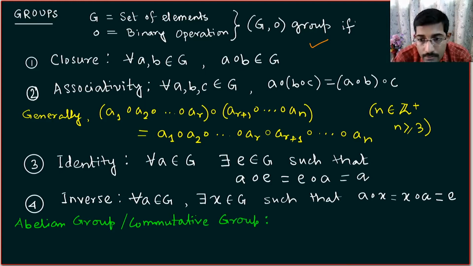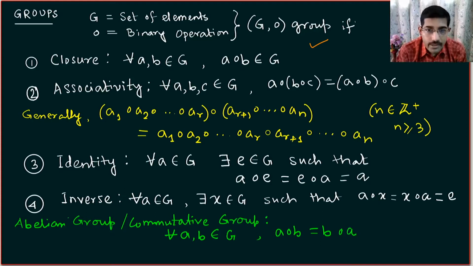We call a group commutative if for all A, B belonging to G, I can write the operation in any particular order. So this is an additional property of groups, when we call the group a commutative group. By the way, the name abelian comes from the scientist Niels Henry Abel.